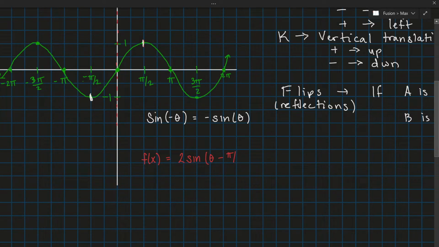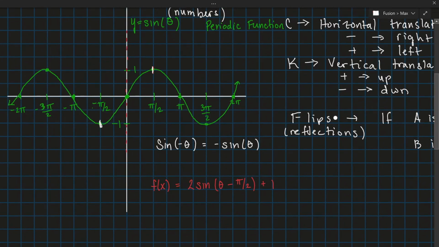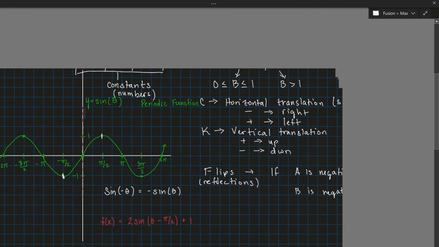Let's do pi over 2. Plus 1. So first of all, what are all the transformations? This is our original function here. Well, let's look at the list of them.